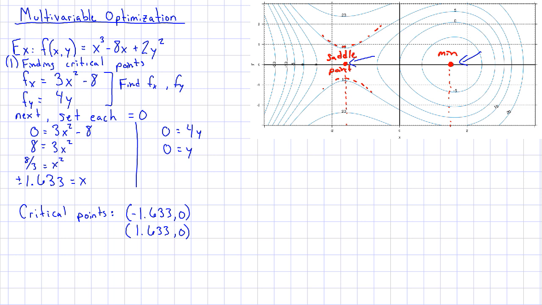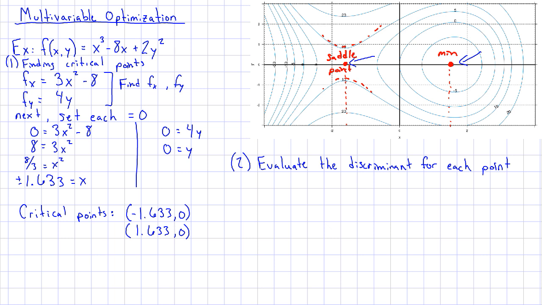Now I need to evaluate what is happening at each of these critical points, and I will do that using the discriminant. So I'm going to try to fit this all on one page here. We'll see if we can manage that. The second step is to evaluate the discriminant for each point. Now, we call this the discriminant because it helps us to discriminate what is going on at each point.